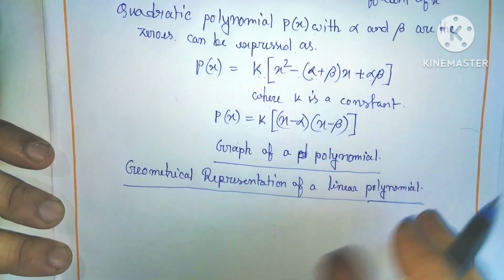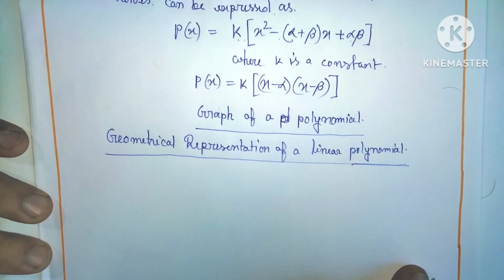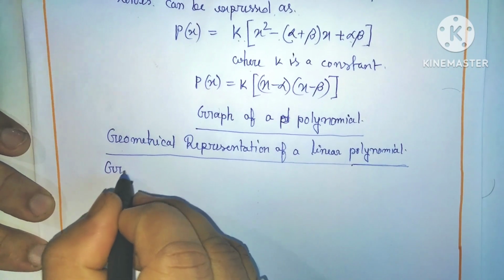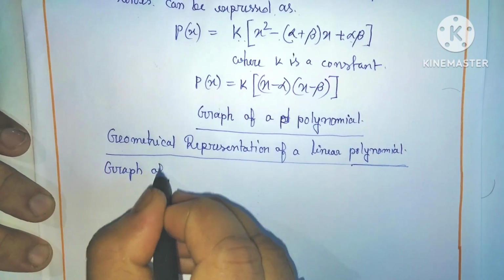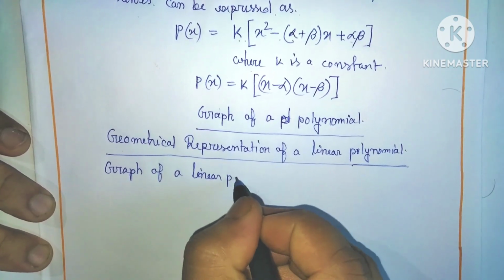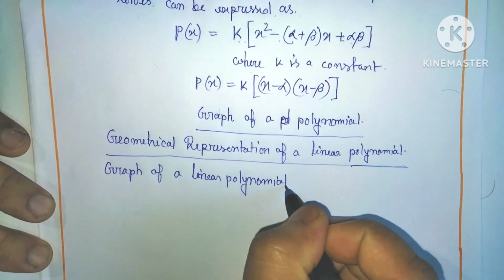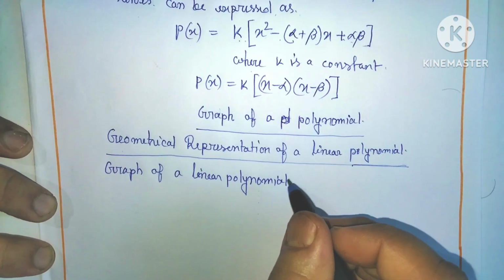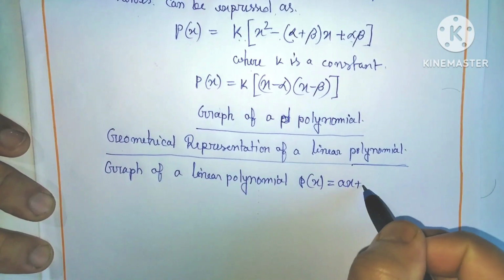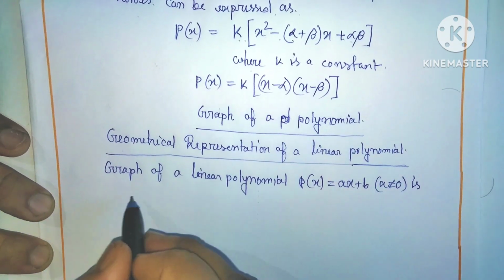So a linear polynomial is of the form ax plus b. Each graphical representation is a straight line. So the graph of a linear polynomial P of x equals ax plus b, where a not equal to 0, is a straight line.